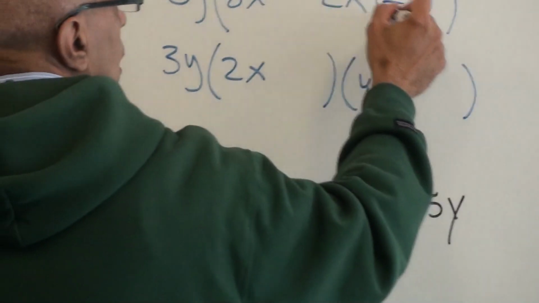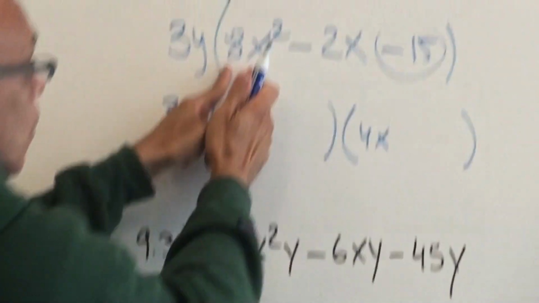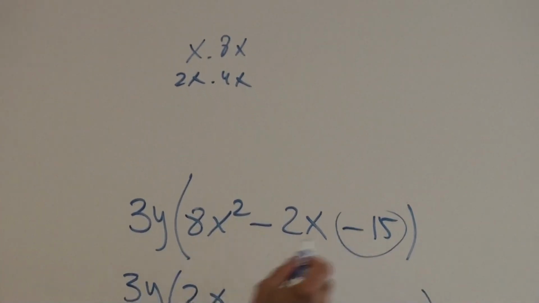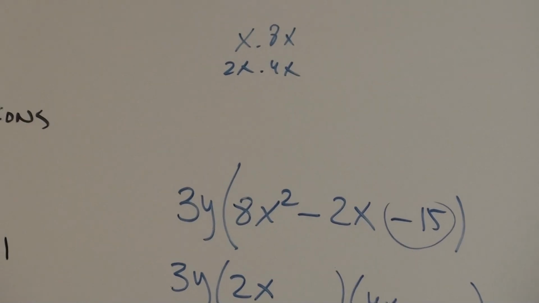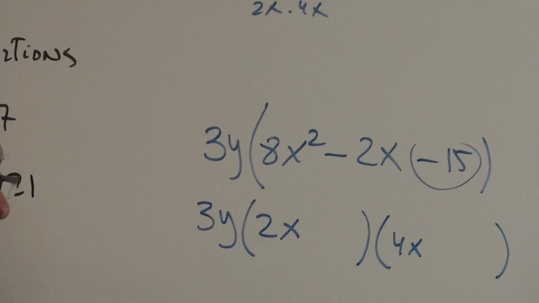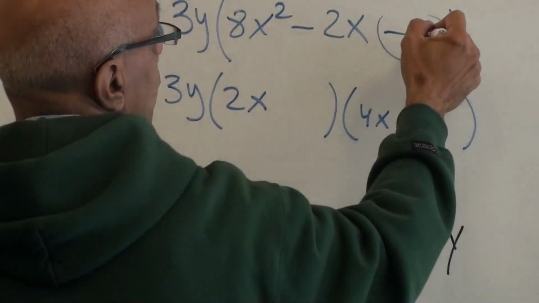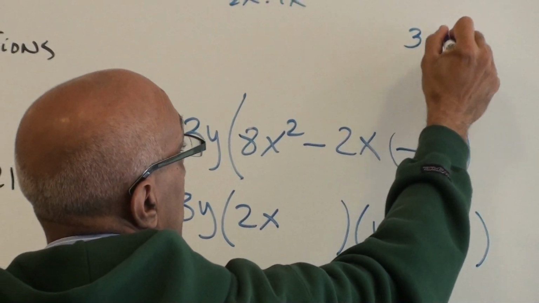Now here, the first 2 terms go with this one, and the last 2 go with 15. I have a negative sign here, so for the product, one of them is going to have to be negative, and the other one is going to be positive. So for 15, I have maybe 3 and 5.